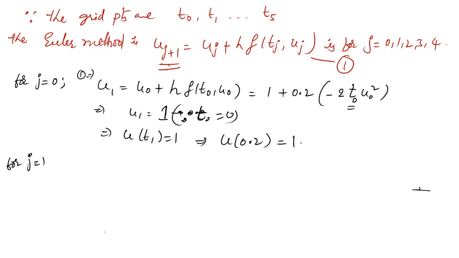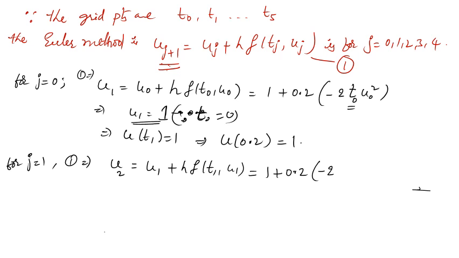For j equals 1, equation 1 gives u2 equal to u1 plus h into f of t1 comma u1. So u1 is 1, plus h times minus 2 t1 u1 square. So this is 1 minus 0.4 times t1 u1 square.